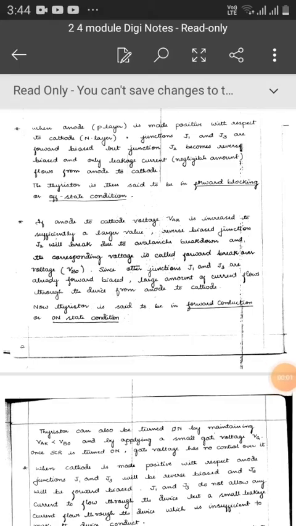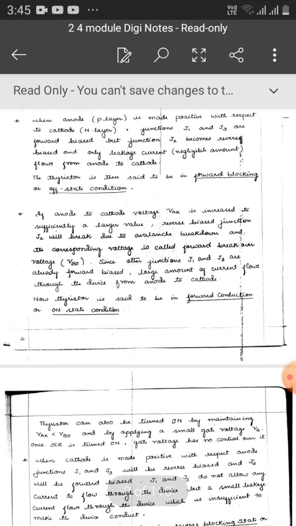If the anode to cathode voltage VAK is increased to a large value, reverse biased junction J2 will break down due to avalanche breakdown, and the corresponding voltage is called the forward breakover voltage VBO. Since the other junctions J1 and J3 are already forward biased, a large amount of current flows through the device from anode to cathode.